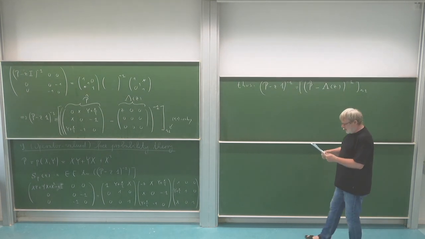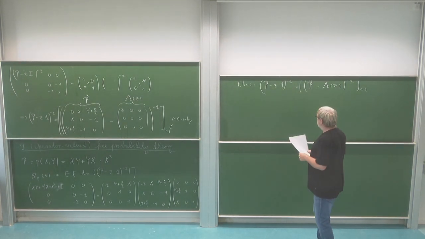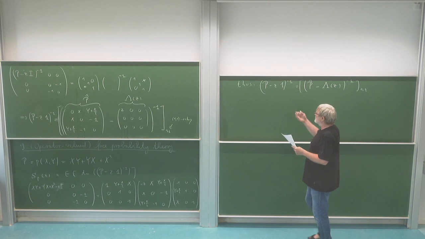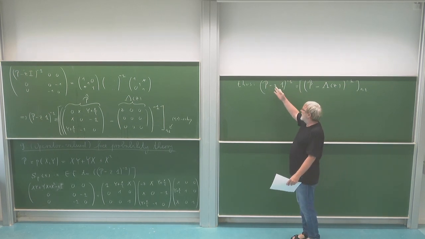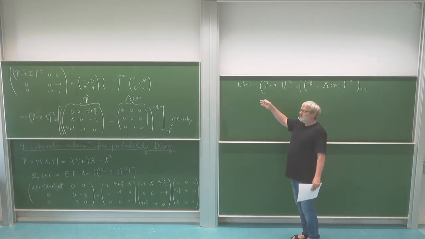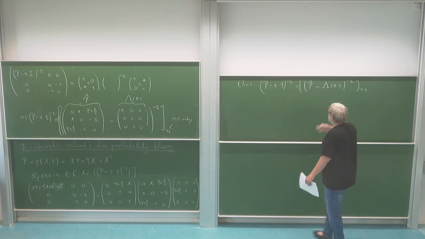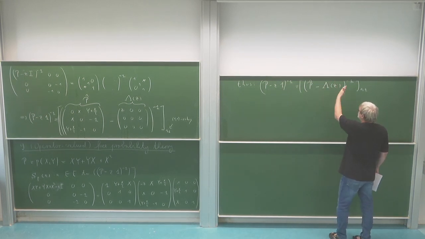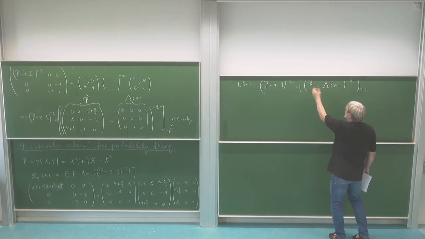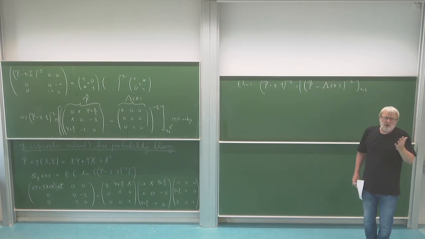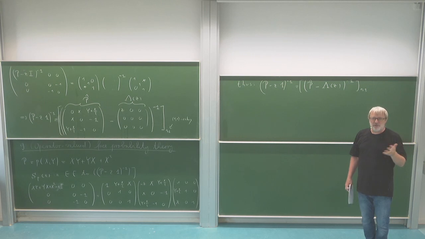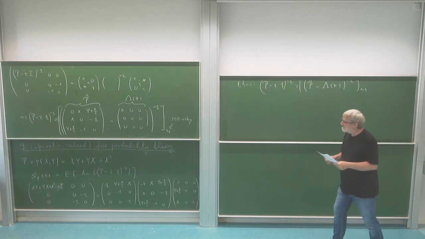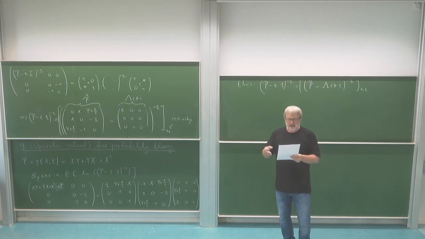Okay, and the point is now that instead of calculating this kind of Stieltjes transform of my P, I can also try to calculate this kind of Stieltjes transform in 3 by 3 matrices of this P hat. So why should P hat be better than P? I mean, P lives in matrices, but this guy is something which is linear in x and y.